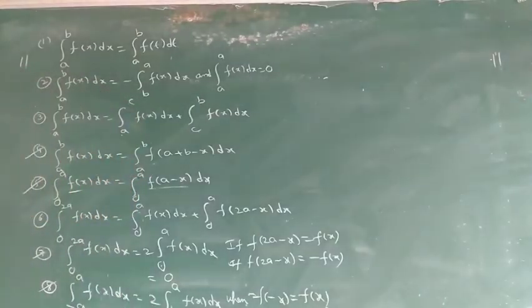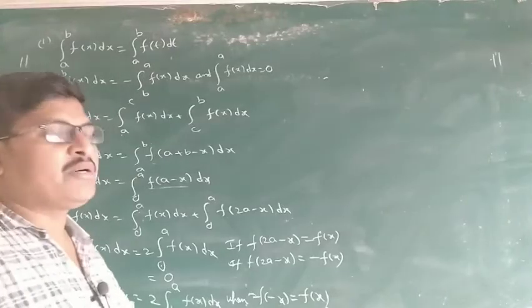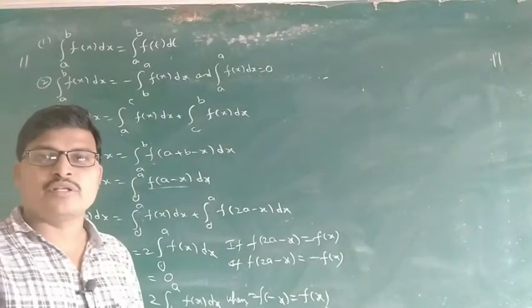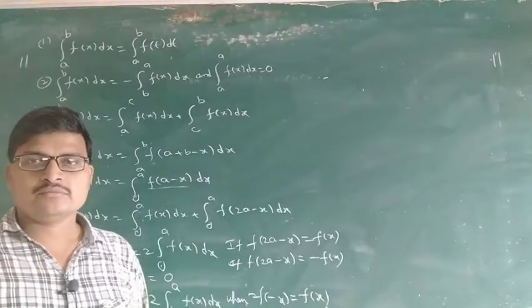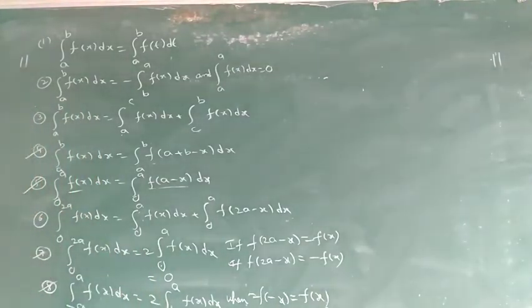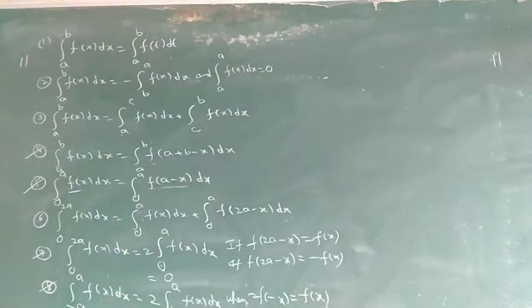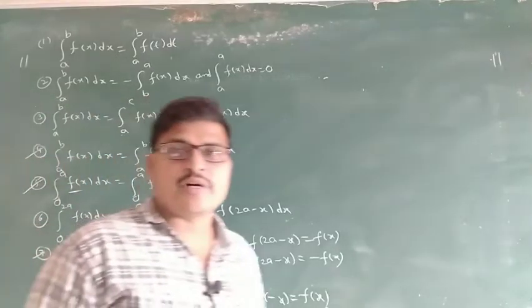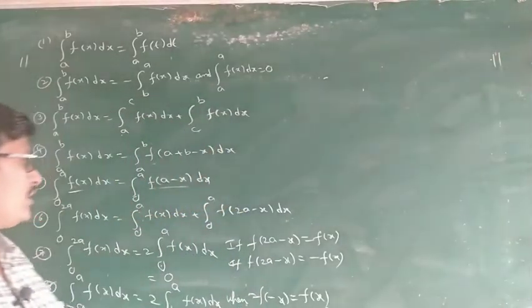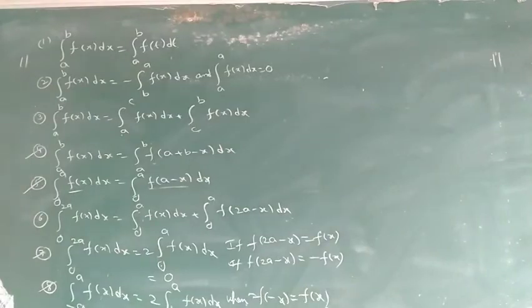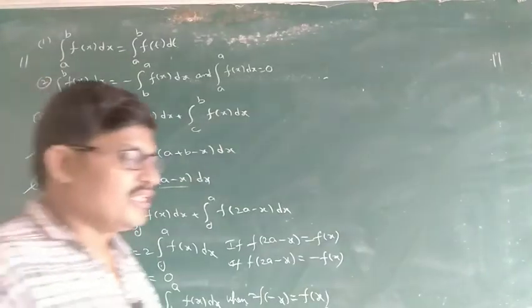The property plus a related problem: the problem is 2 marks, the property 4 marks, 4 plus 2 is 6 marks. So let us go to the last exercise, 7.11 in the integration.